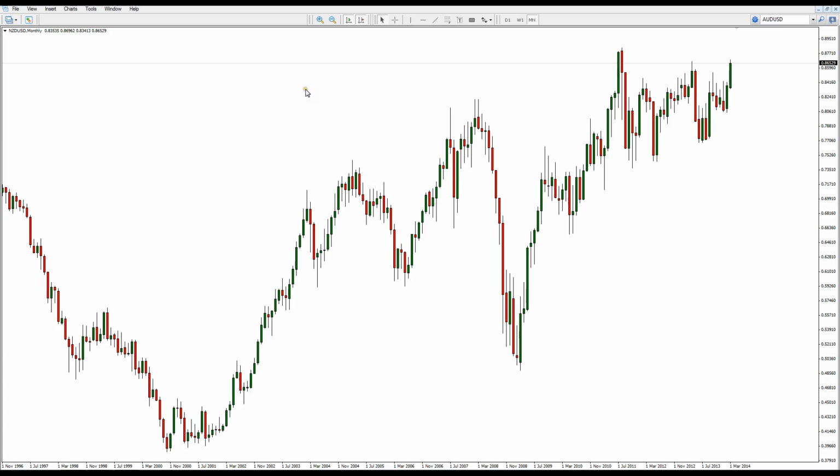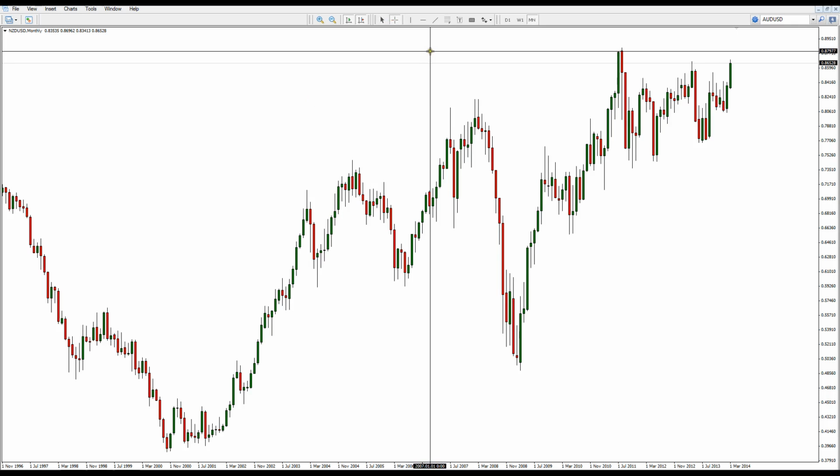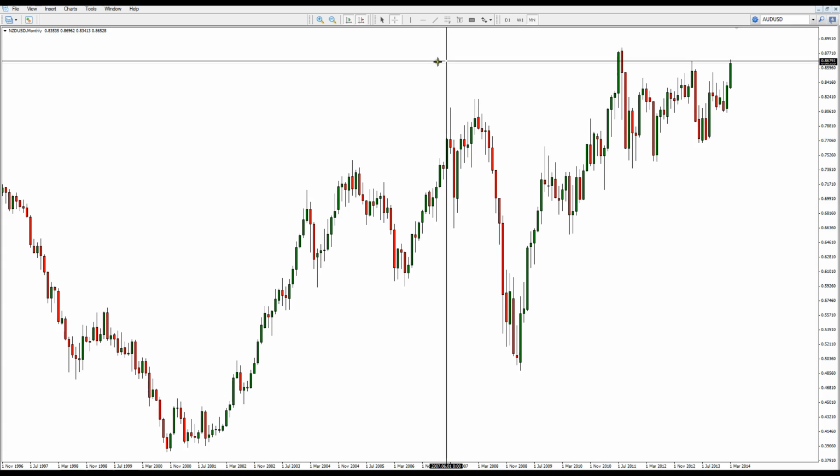Of course. It is very clear that the pair will reach the highest resistance, I mean 0.88 as a round number.